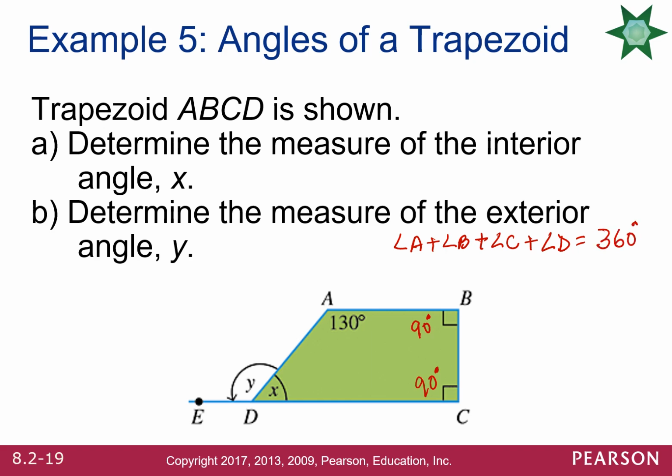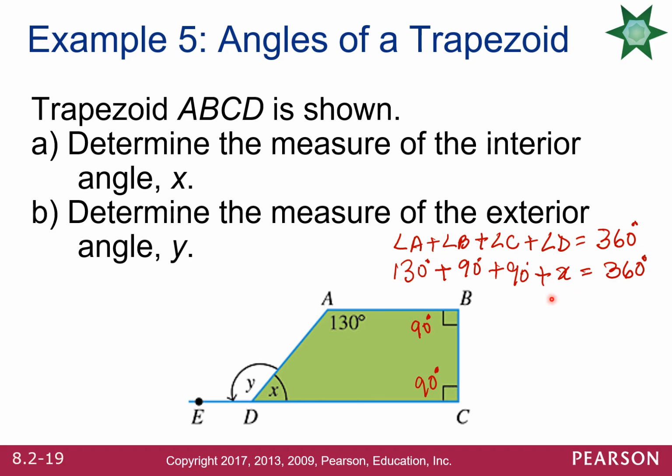Now, just substitute the values. Angle A is 130 degrees, angle B is 90 degrees, angle C is 90 degrees, and angle D is X, and the sum of all the four angles is equal to 360 degrees.